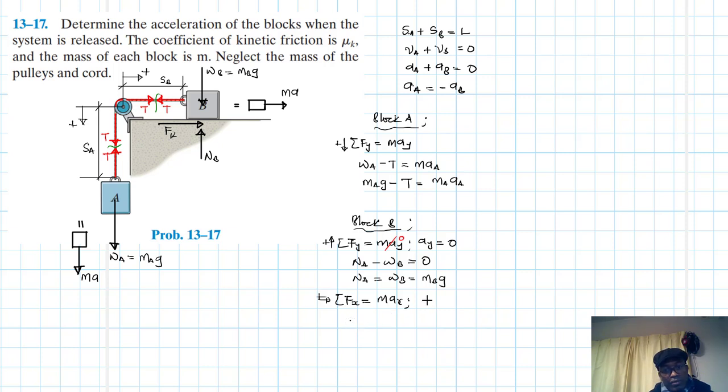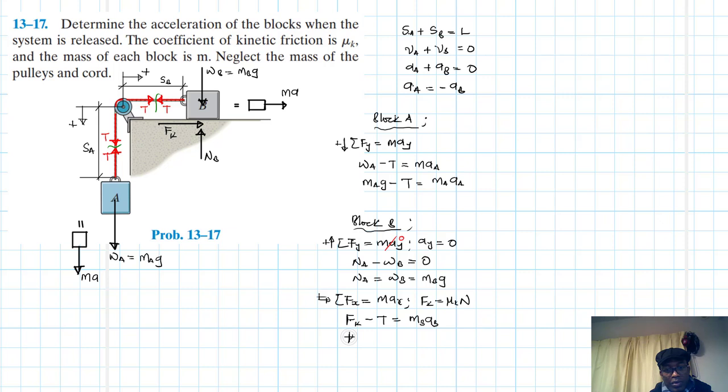So we have here Fk is equal to mu k N. So we have Fk minus T equal to MB AB.